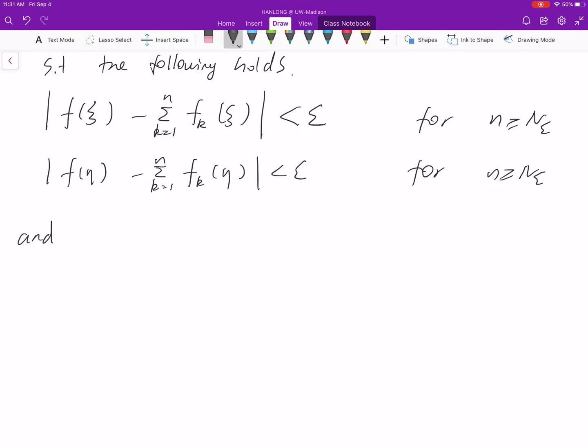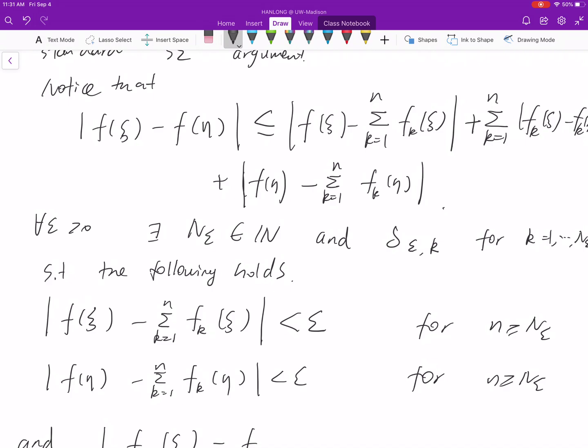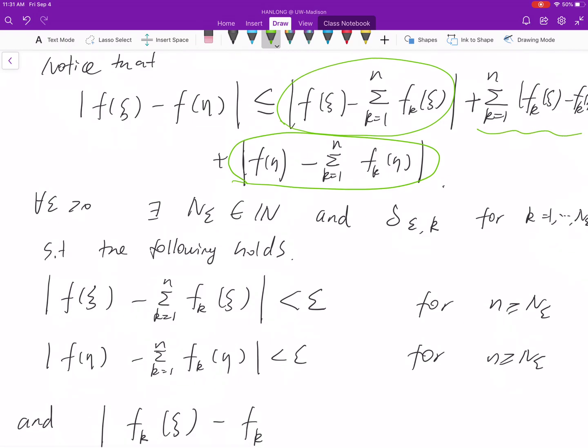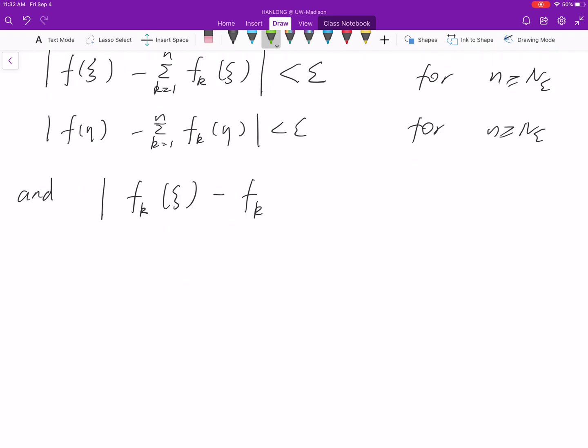And then if you look at the formula, the first one corresponds to the upper bound for this, the second one corresponds to an upper bound for the third term, and then for each of these we have the following: less than epsilon divided by N epsilon. This epsilon is a separate index.